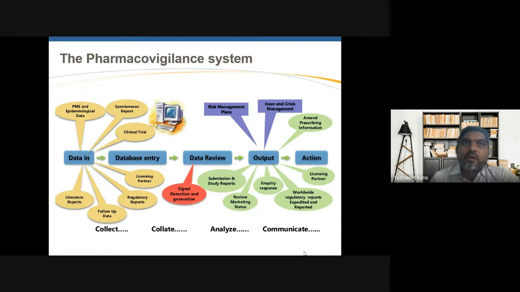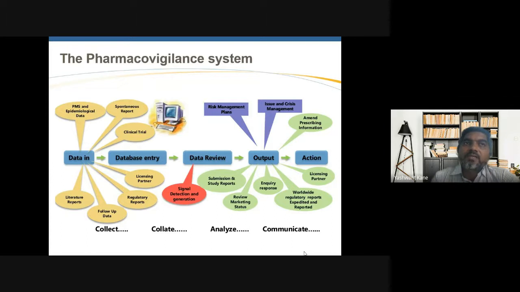We process those data, we review that data, and there is output in terms of various reports being submitted to various agencies worldwide, as well as partners being subjected to audit also.